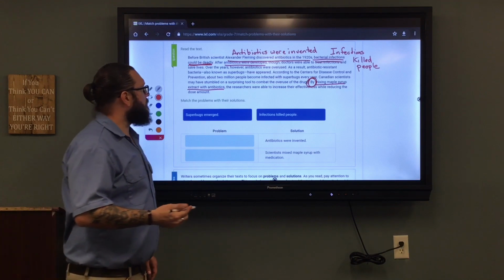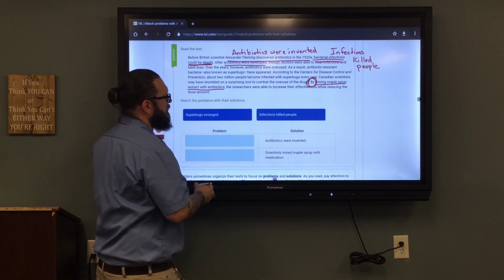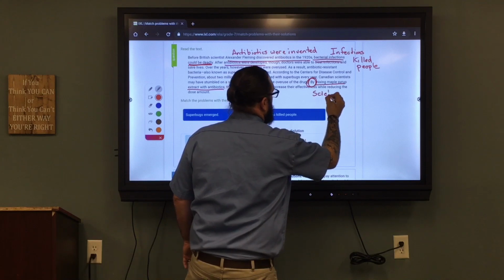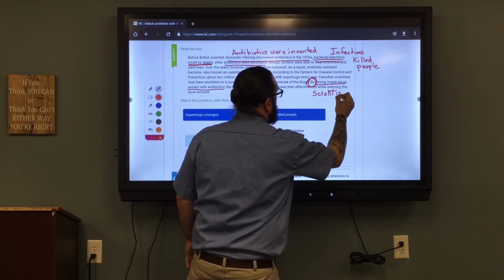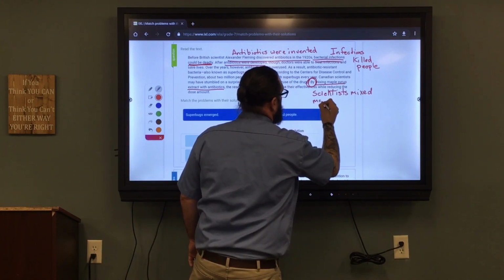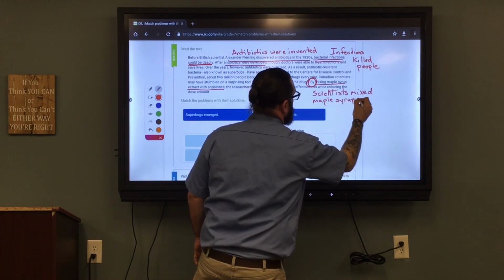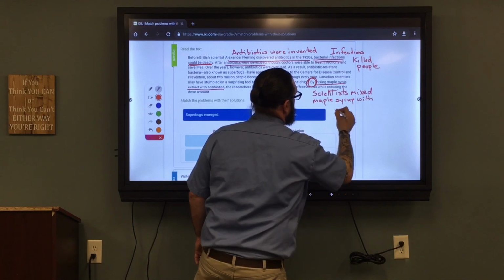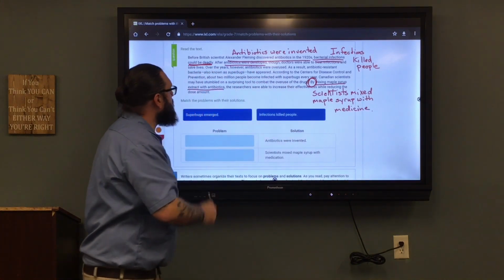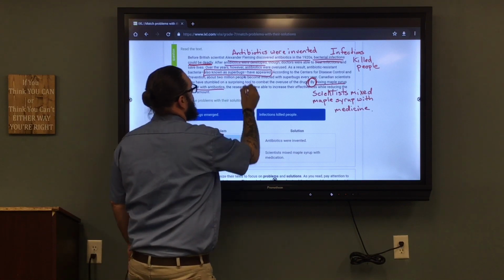What was the solution? By mixing maple syrup extract with antibiotics. So, scientists mixed maple syrup with medicine because superbugs emerged.